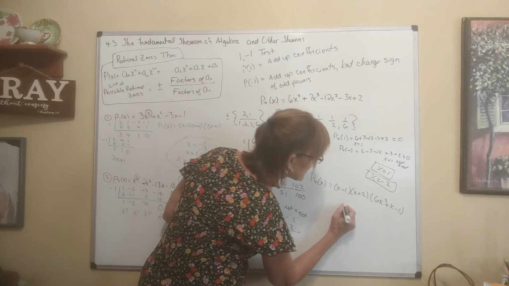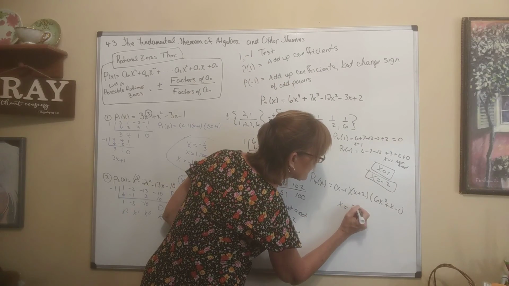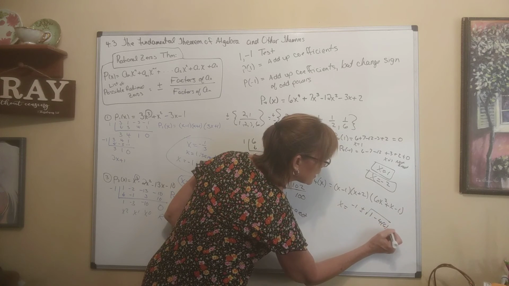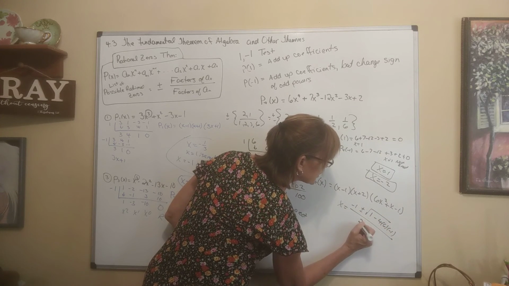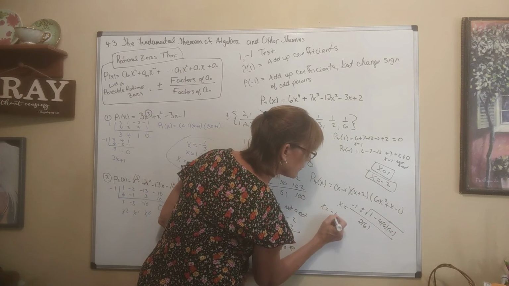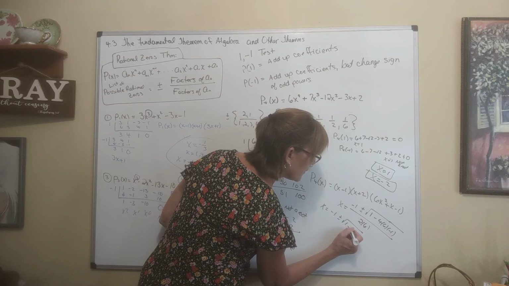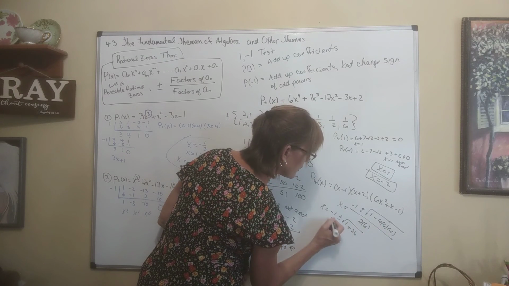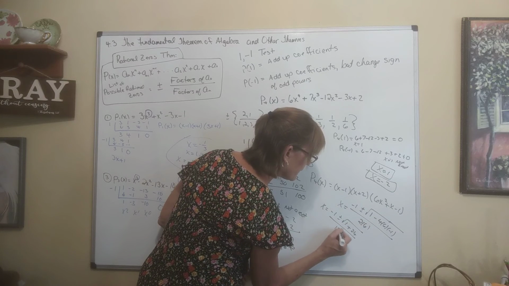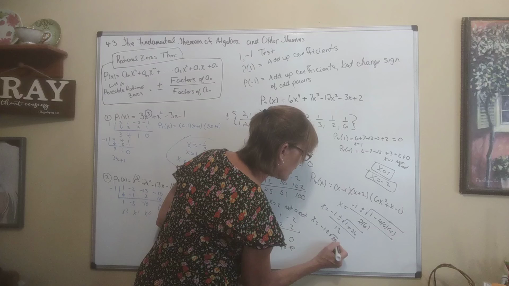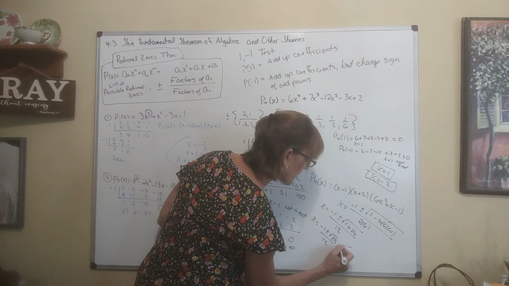So the quadratic formula says x is negative b plus or minus the square root of b squared minus 4 times a times c, all over 2a. All right. So this is going to be x is negative 1 plus or minus the square root of 1 plus 24. Is that right? Yeah, 24, all over 12. x is negative 1 plus or minus the square root of 25, over 12.